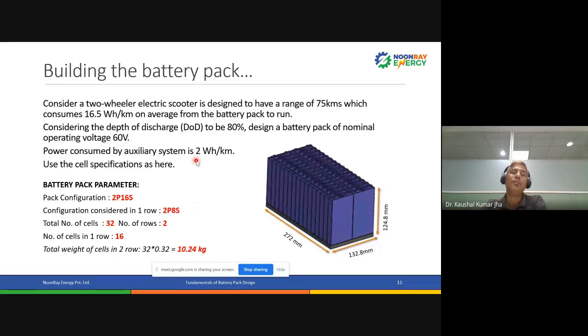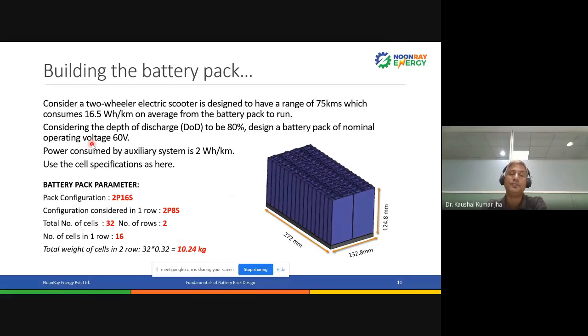From that, we can find that 75 into 18.5, divided by 0.8 watt-hour, should be the capacity of the battery.